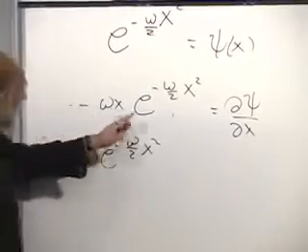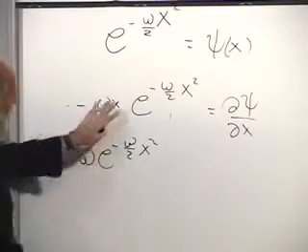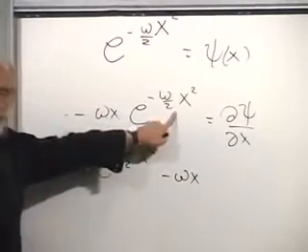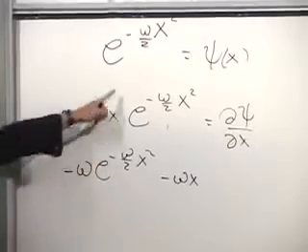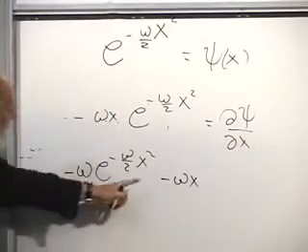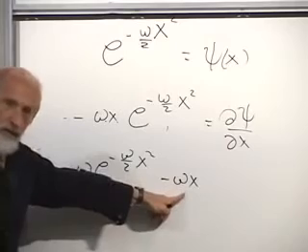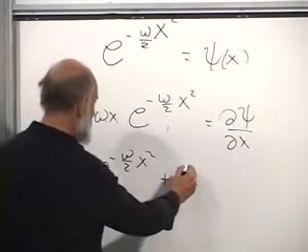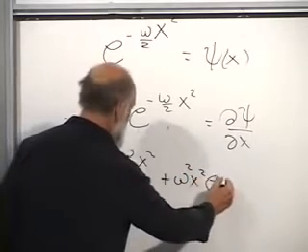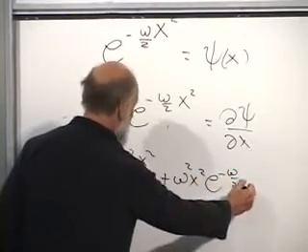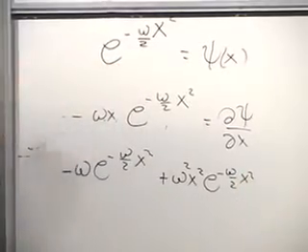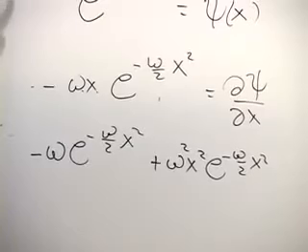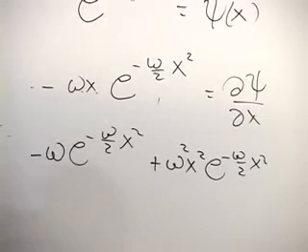What happens if I differentiate the other factor? The other factor will give me minus omega x, and then the derivative of this with respect to x. But we've already figured out what that is. It's just multiplication by minus omega x. So that gives us plus omega squared x squared times e to the minus omega over 2 x squared. That's the second derivative with respect to x squared.